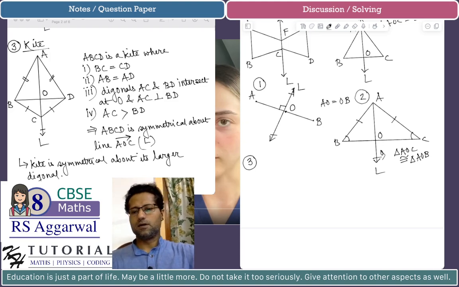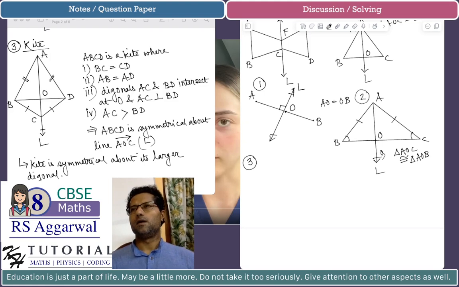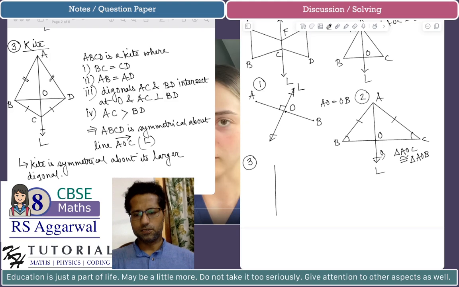A kite is a quadrilateral, that is a polygon with 4 sides, where the diagonals intersect each other at right angles. Let's say I have a diagonal, this is a diagonal, and another diagonal, and they intersect at right angles.